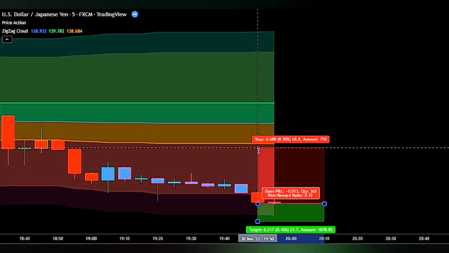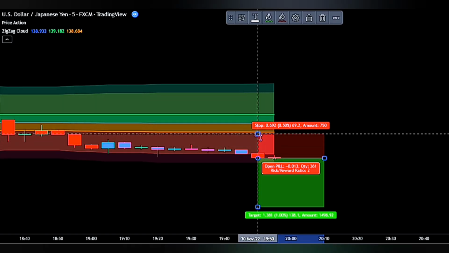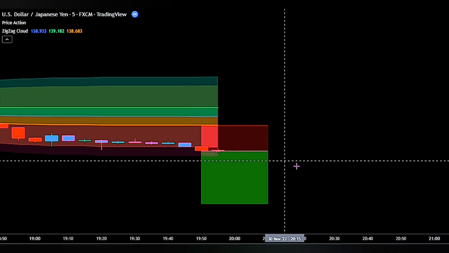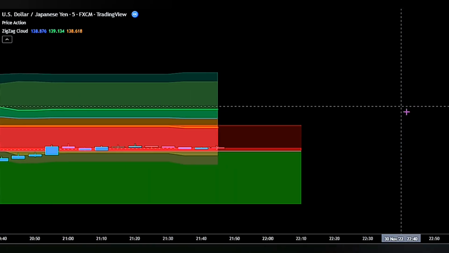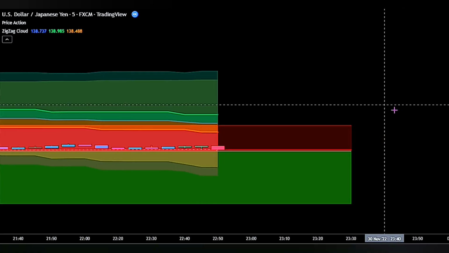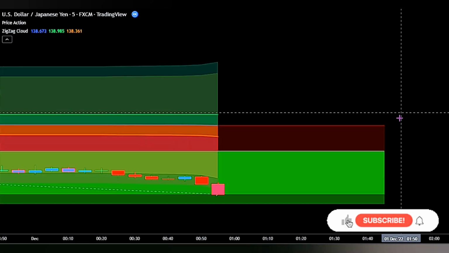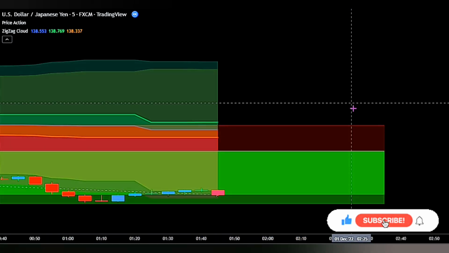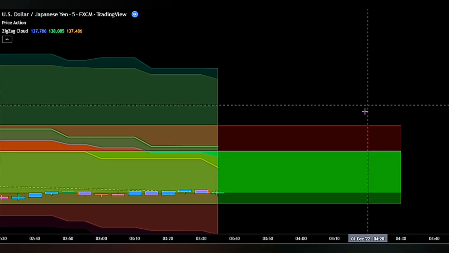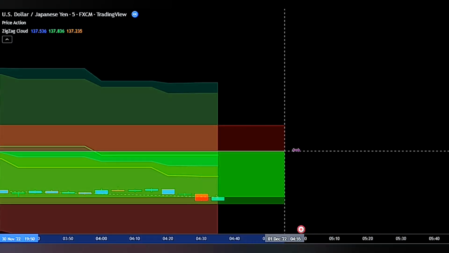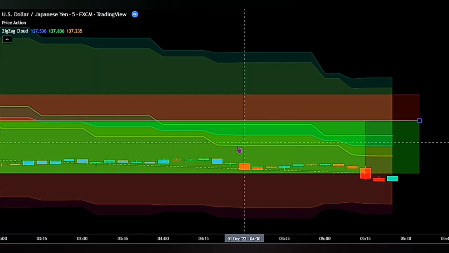Stop loss at lower band line, while take profit level at 2 times the risk. And we see it was successful.